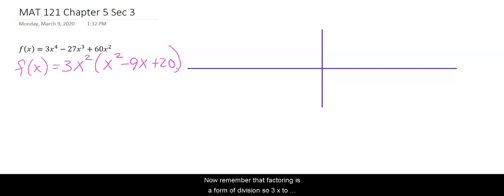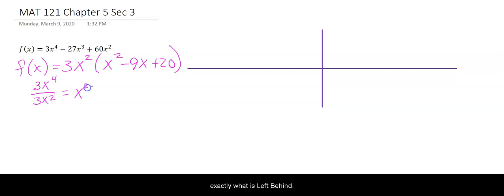Now, remember that factoring is a form of division. So 3x to the fourth divided by 3x squared gives me x squared. Negative 27x cubed divided by 3x squared gives me negative 9x, and 60x squared divided by 3x squared gives me 20. So for those of you who have trouble doing that in your head, remember that you can always take each term and divide directly by the common factor, and that will tell you exactly what is left behind.